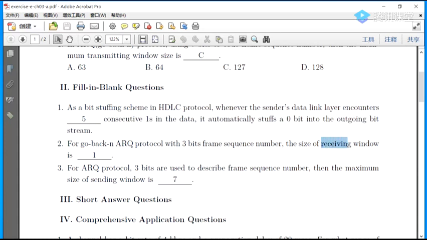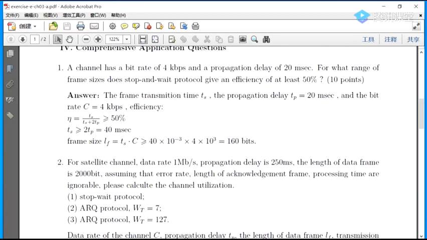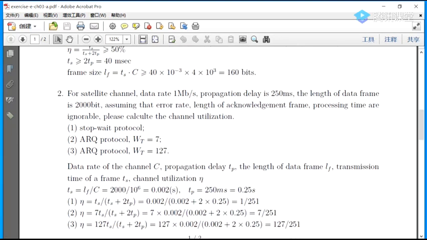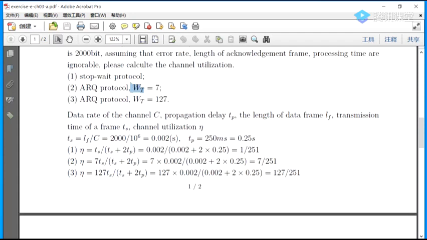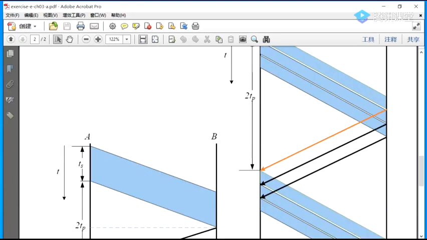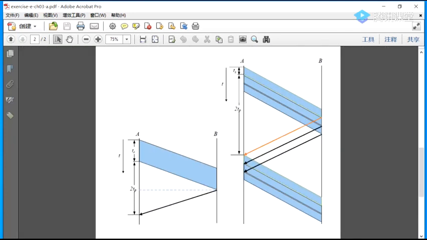The receiving window size is 1. The maximum transmitting window, if here is 3, then it's 7. And the utilization eta equals TS over TS plus 2TP, for ARQ protocol with different transmitting window sizes. We can have this equation, and I have illustrated it with this figure.